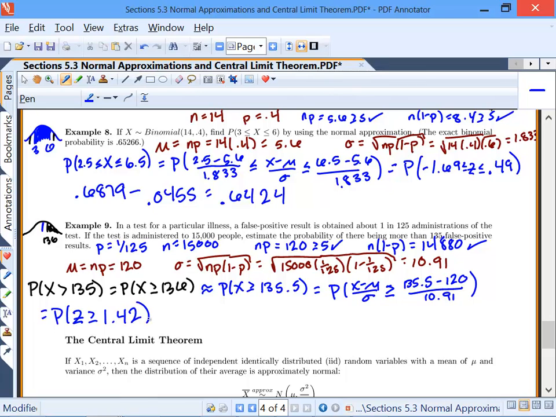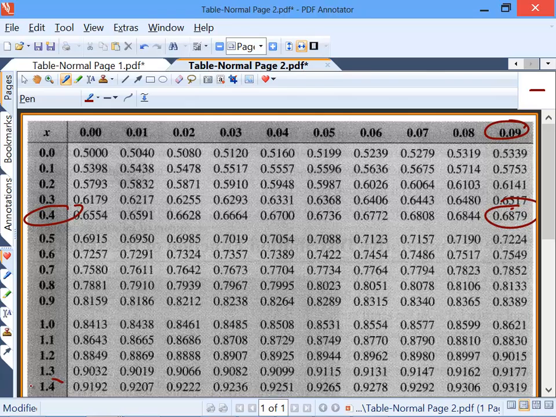So z is greater than or equal to 1.42. Now when I look up 1.42 on my chart, I come down to the 1.4, go across to the 0.02, I get 0.9222. But that is the area to the left.